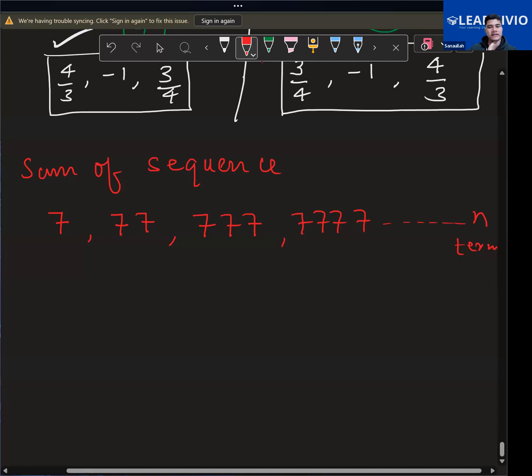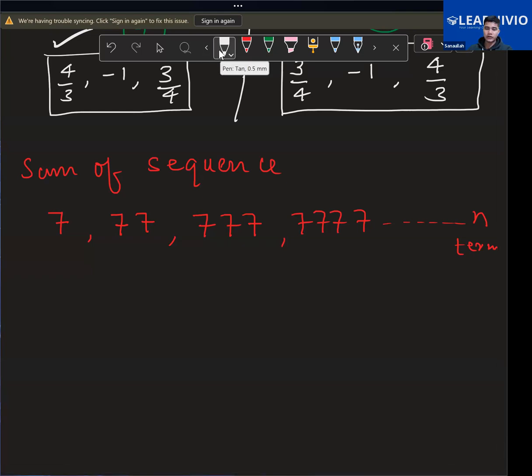So tell me, is this sequence a geometric progression, an arithmetic progression, or something else? Geometric progression. Are you sure about this? Okay, so what is a geometric progression? Geometric progression is something in which you will get a common ratio.